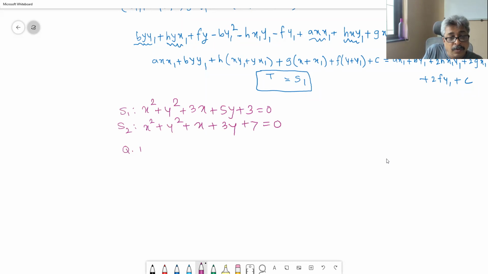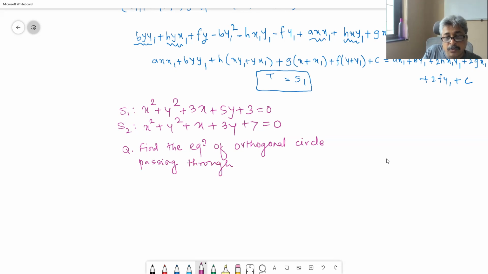Question 1, find the equation of the orthogonal circle passing through 1 comma minus 2.